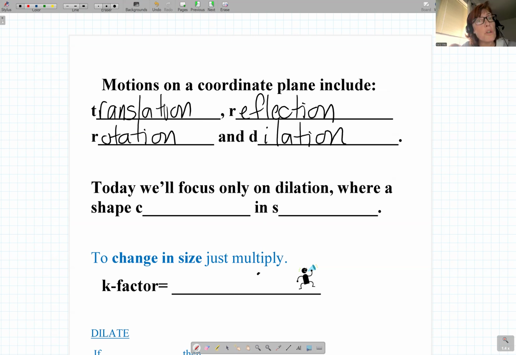So our four motions on a plane are translation, reflection, rotation, and then dilation, which means to change in size.